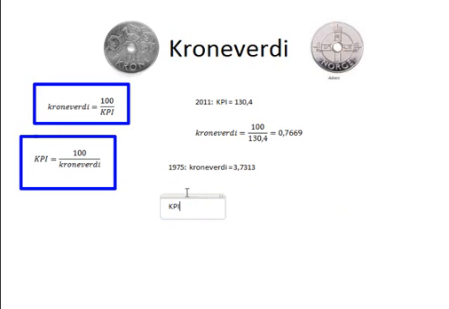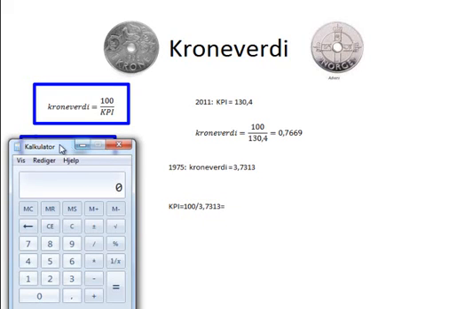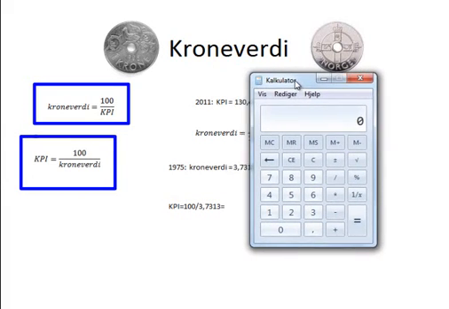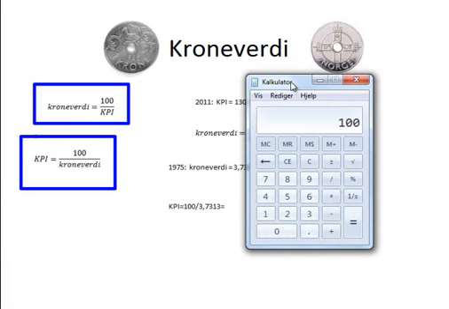So consumer price index equals 100 divided by 3.7313. And then I need my calculator again. Let's find that. Here we go. And I'll just put that in here. 100 divided by 3.7313 equals 26.8.